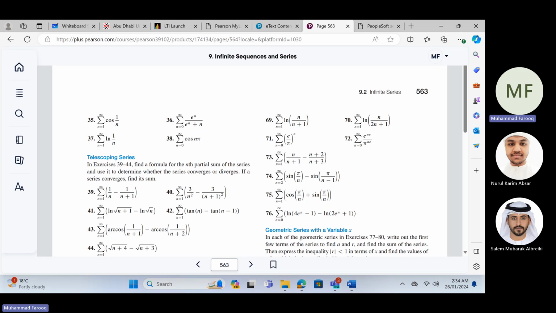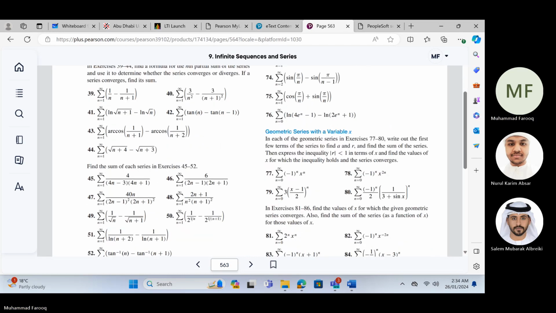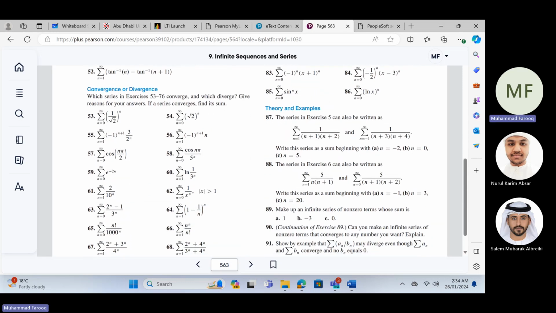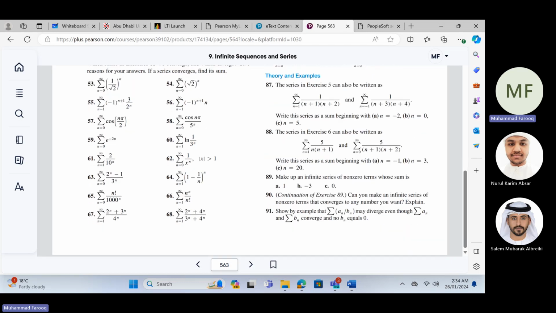Okay. Let's take some more questions, randomly. Please note down, it's not necessarily that every question can be answered by the divergence test. There are many questions that cannot be answered by the divergence test. Now, this is a series.